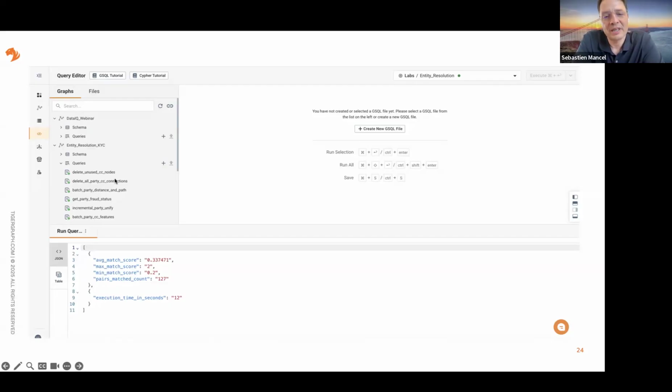Now, this is important because it's not just about finding duplicates or related records. It's about understanding the confidence level of those matches. A higher score means stronger alignment across attributes, while a lower score signals potential edge cases that may need review. And notice the execution time, just 12 seconds. That's the power of graph, delivering fast, explainable results at scale.